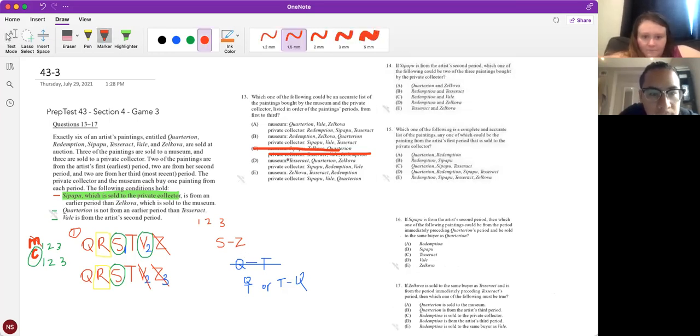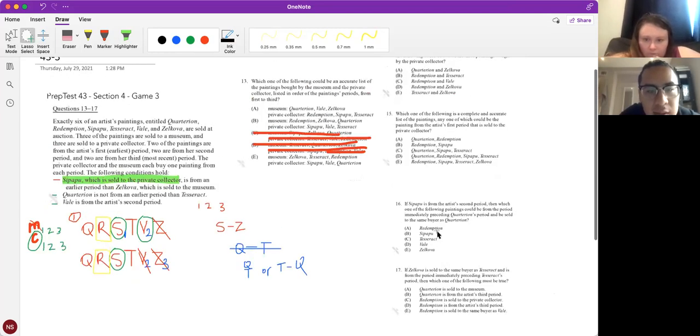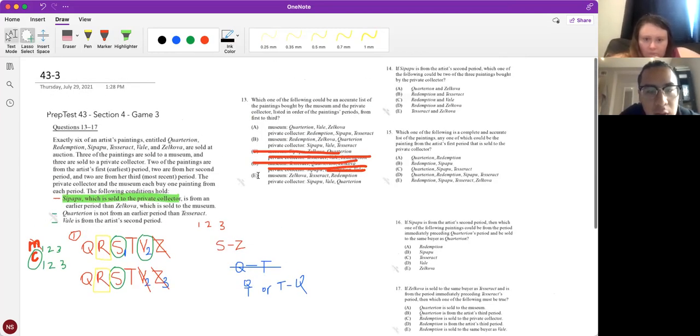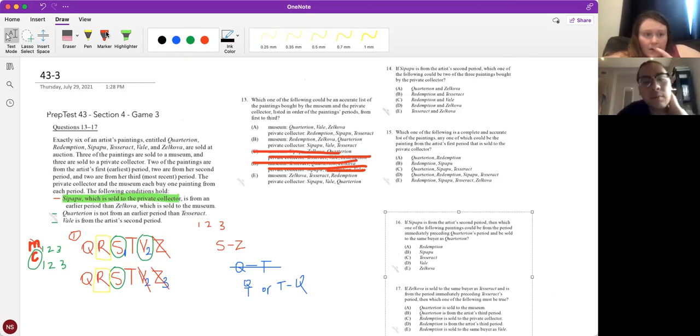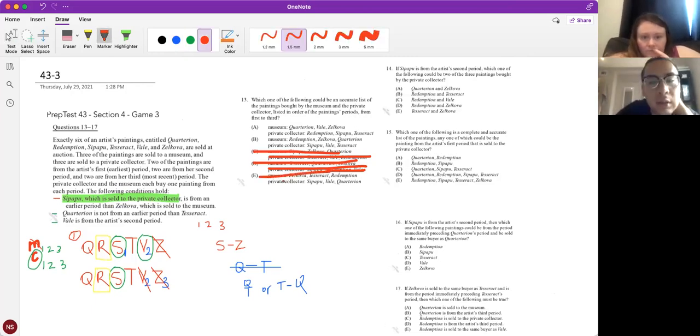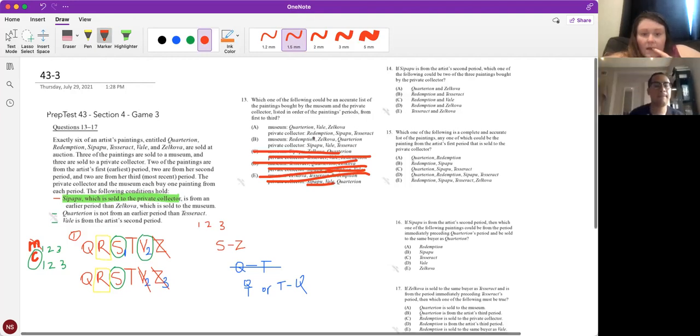E is the same situation, because S and Z are in the early period. That one looks good. QT: A is wrong because Q is before T. Yes, and Z, perfect.